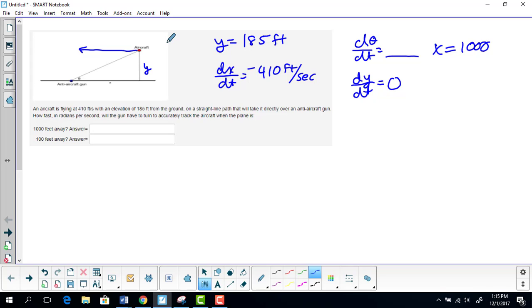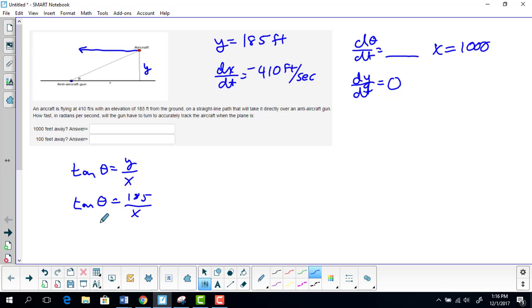So the relationship here is tangent of theta is equal to y over x. Because y is a constant, we plug in our 185: tangent of theta is equal to 185 over x.